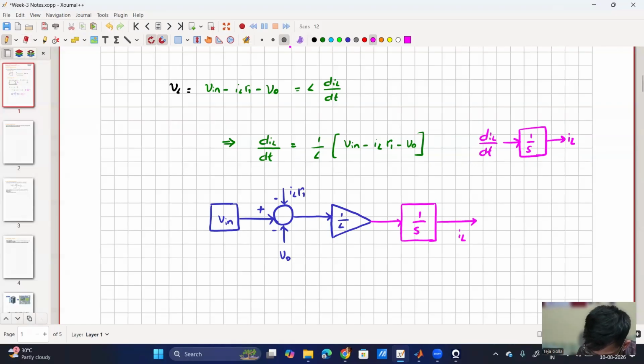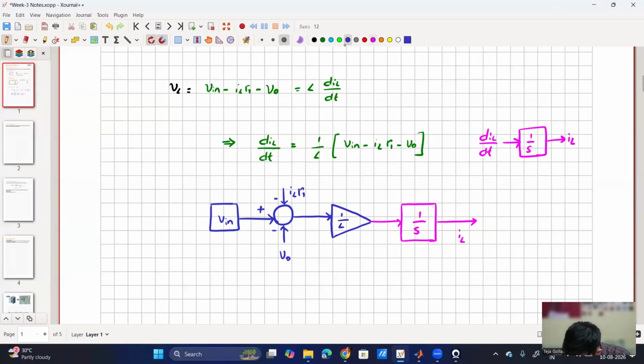Now if you see, this IL over here and this IL over R1 are dependent on each other. So I can feed back this IL. I need IL into R1, right? So this is my IL.